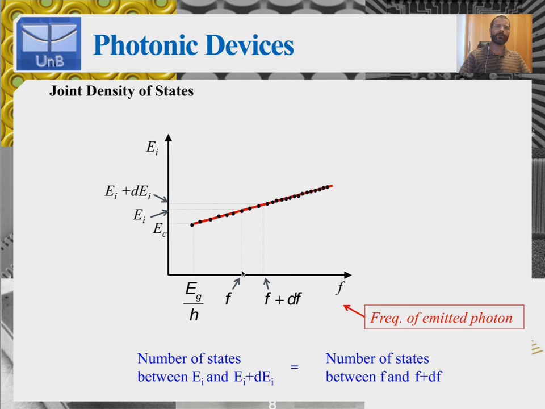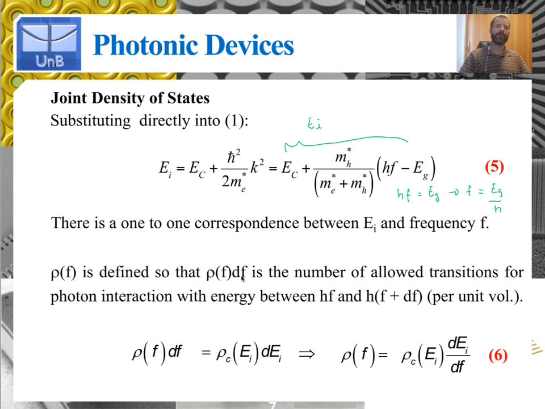In this graph, if we have f corresponding to this point here and f plus a differential df, this point right here, then rho of f df would be all of the states in this interval, between hf and hf plus df.